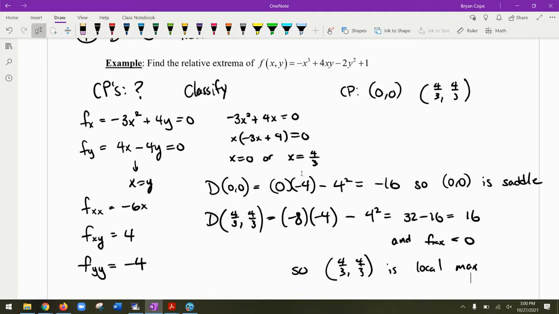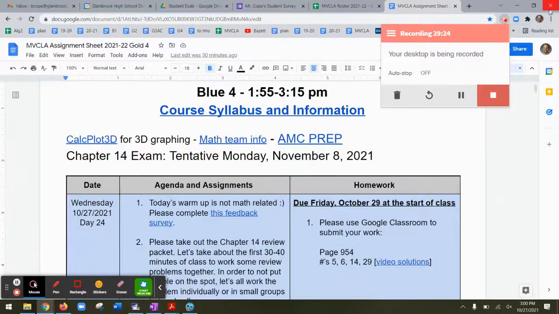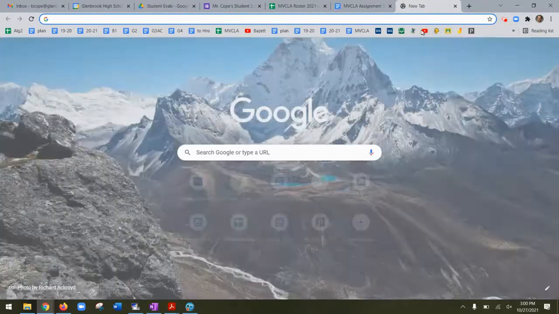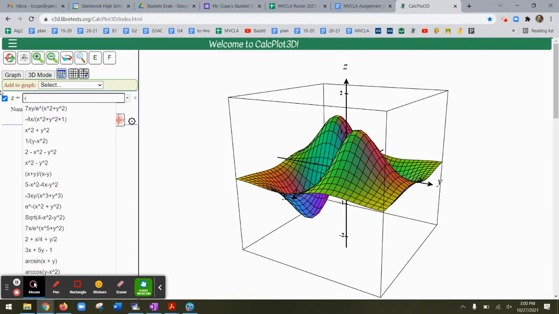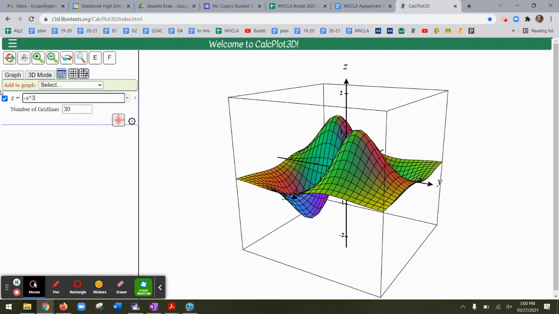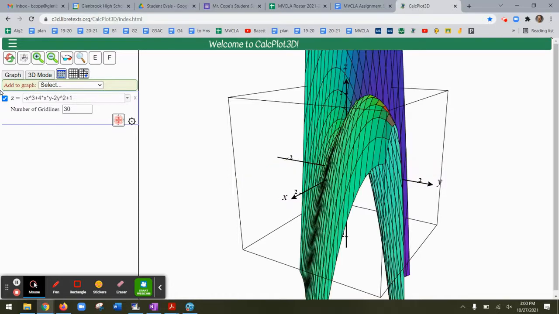Let's look at the graph just for the sake of interest. So it's z equals -x cubed plus 4xy minus 2y squared plus 1.